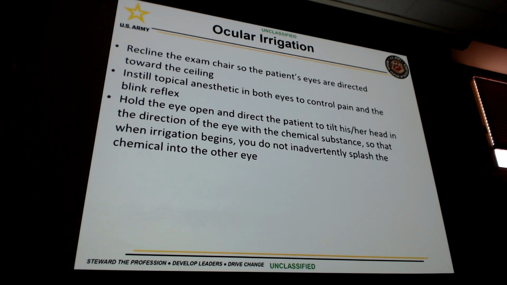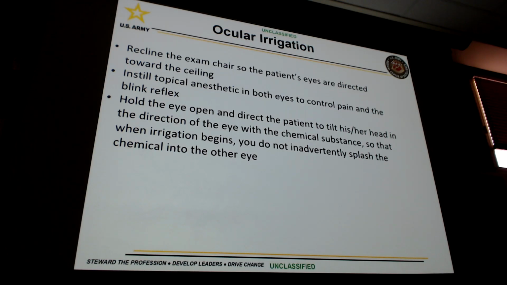All right. If a patient gets a chemical in their eyes, we need to irrigate their eyes. The easiest way to irrigate a patient for you as the provider is going to be with a Morgan lens. Because all you have to do is get that lens in the eye and it's hooked up to a bag of saline, and you just walk away from the patient. It's constantly going to be irrigating that eye.